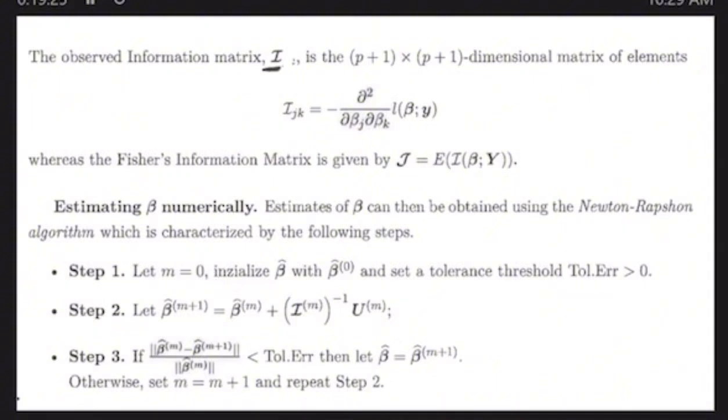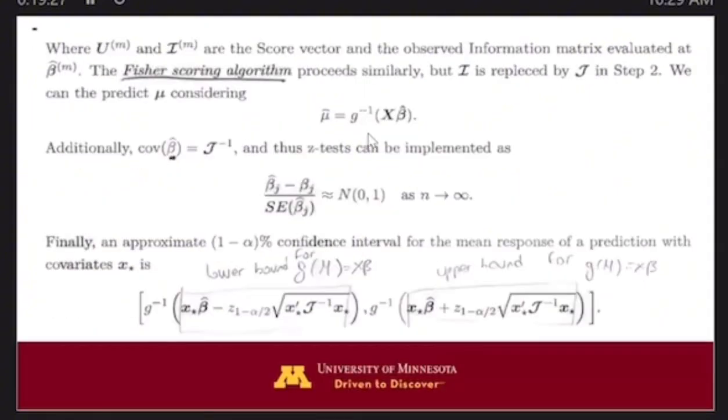And the moment it converges, we can now obtain what I call the Fisher scoring algorithm. Then, the inverse of the Fisher information matrix, which contains the second derivative, would be the Cramer-Rao variance.